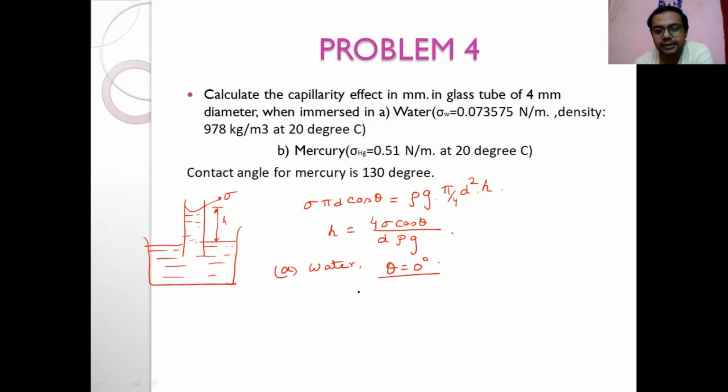So here nothing else, you just put in the formula, everything is given to you. 0.073575 into cos 0 is 1, and diameter of the glass tube is given, 4 into 10 to the minus 3, into density of the water given as 978 at 20 degrees centigrade, into g. So it will give you the value.